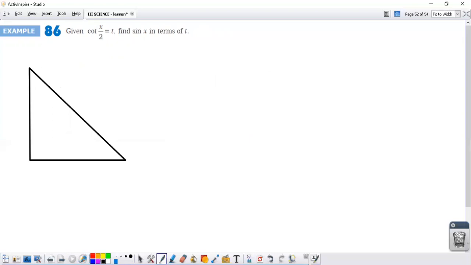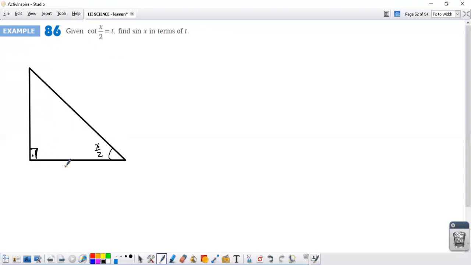For example 86, the cotangent x over 2 is given as t, and find sine x in terms of t. We can show cotangent x over 2 equal to t in the right triangle given below. And what is the ratio of cotangent in a right triangle?